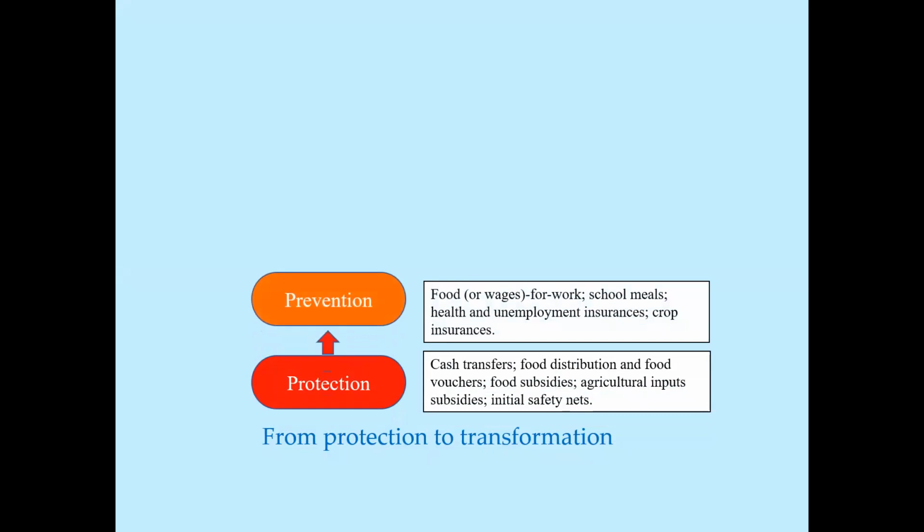Prevention means preventing people whose livelihoods are susceptible to shocks and stresses from having to sell their assets and become even more vulnerable. Instruments are food or wages for work, school meals, health and unemployment insurances, and crop insurances.